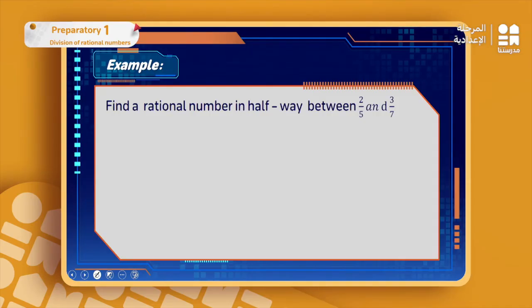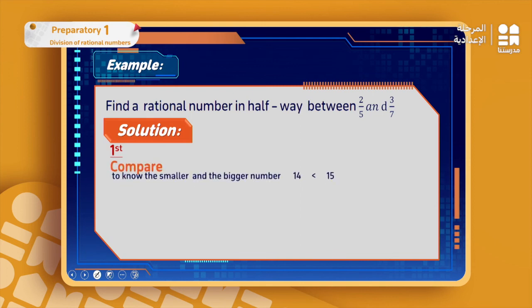Okay, let's apply it. Example 1. Find a rational number halfway between 2 over 5 and 3 over 7. We have 3 steps to solve this problem. The first one, I need you to compare the two numbers to know the smaller one and the bigger one.